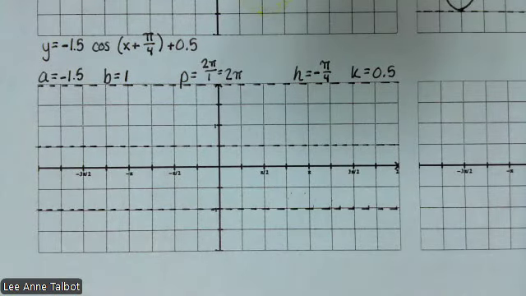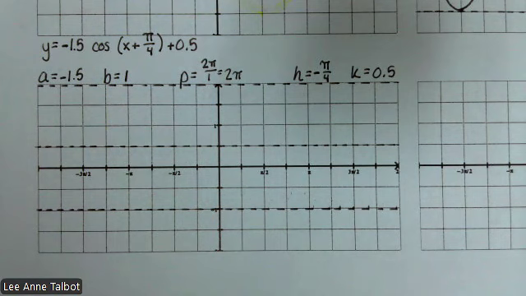You guys know what you're supposed to be doing right now? Did you do it already and you're just waiting for me? Midline, amplitude lines. You should have 3 lines on your paper.